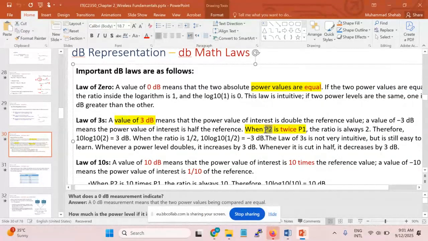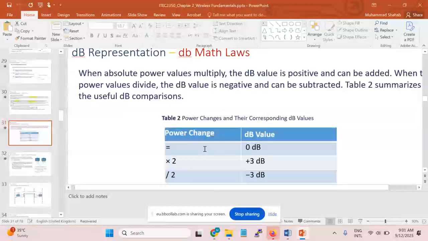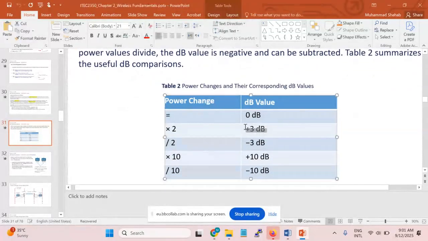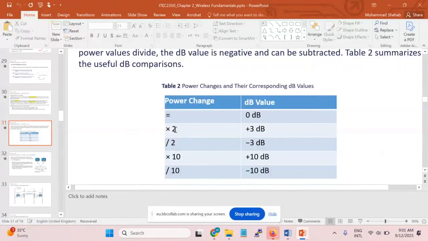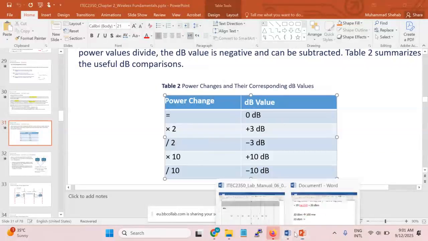If P2 is higher than P1 by 3 dB, that means P2 equals 2 times P1. And the opposite, if the power is doubled in watt, this means that I increase by 3 dB.